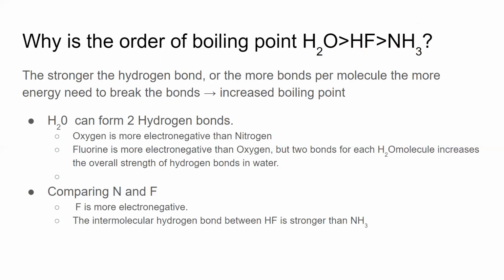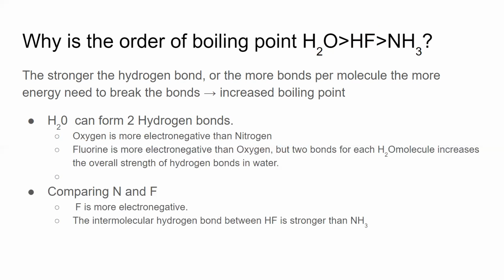Let's first look at oxygen, let's look at water. Water has two hydrogens that can form two hydrogen bonds. While oxygen is not as electronegative as fluorine, pretty close but not quite, the hydrogen bonds individually are slightly weaker than the hydrogen bonds formed in HF, but we can form two hydrogen bonds.